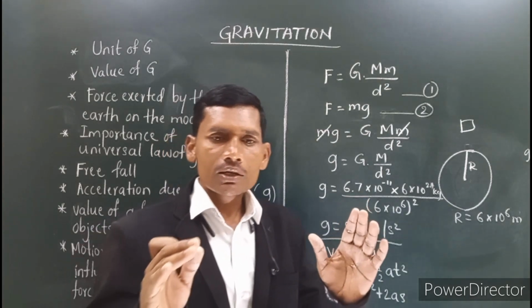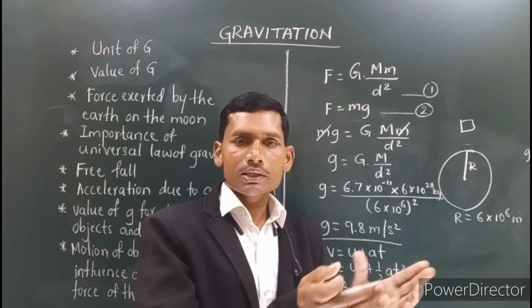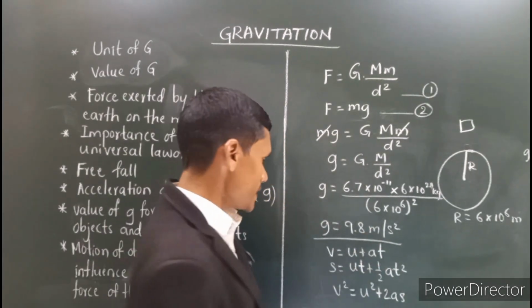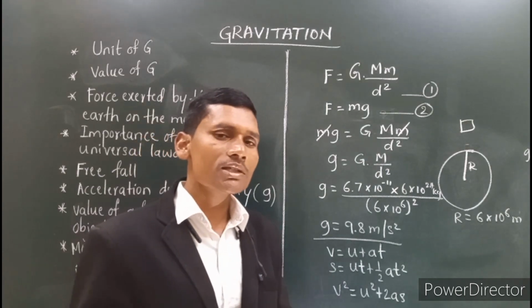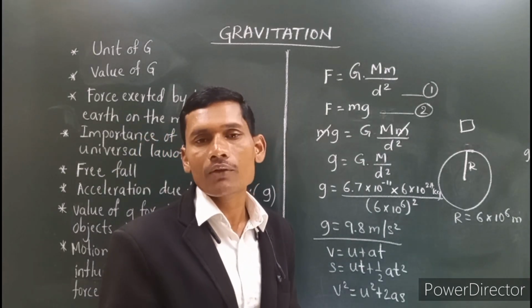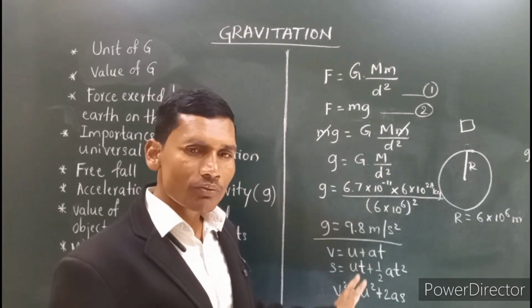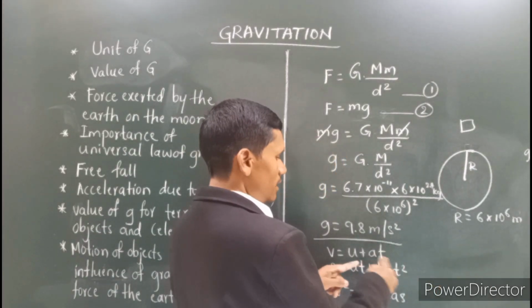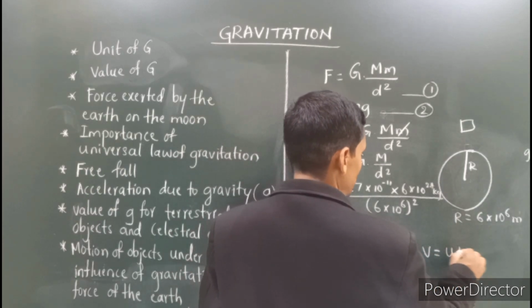But if these objects are influenced only by acceleration due to gravity, that is, only the gravitational force of attraction is creating that acceleration, then these equations can be modified. If an object is moving under the influence of gravitational force of attraction, then we can use these equations of motion in the same way, just by changing a to g. That is, v can be expressed as u plus gt.